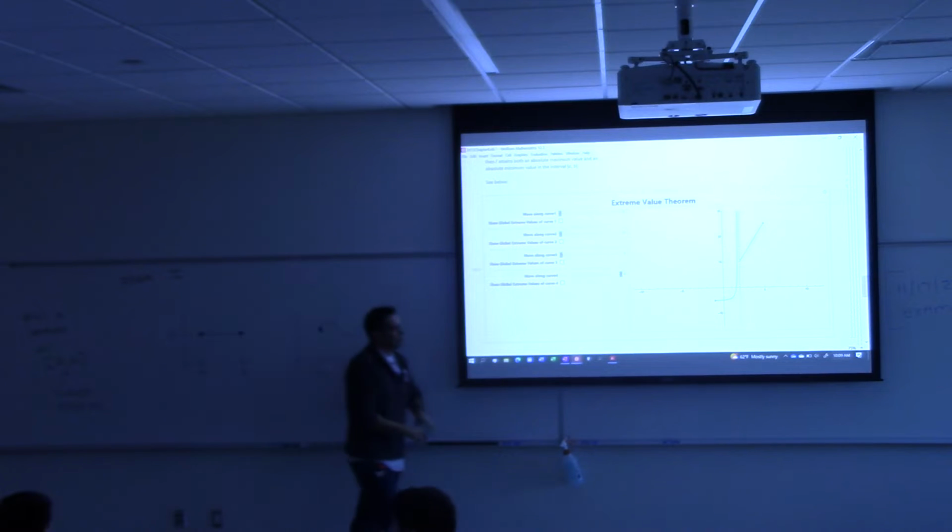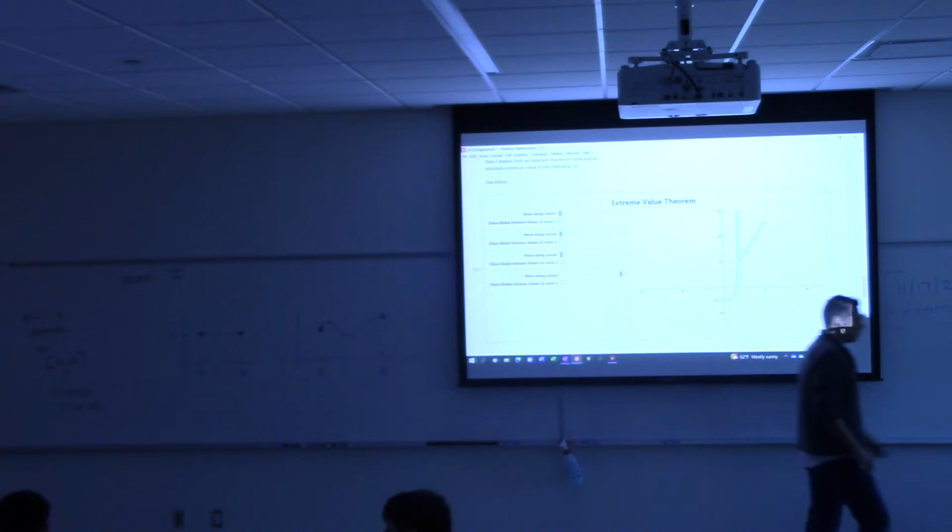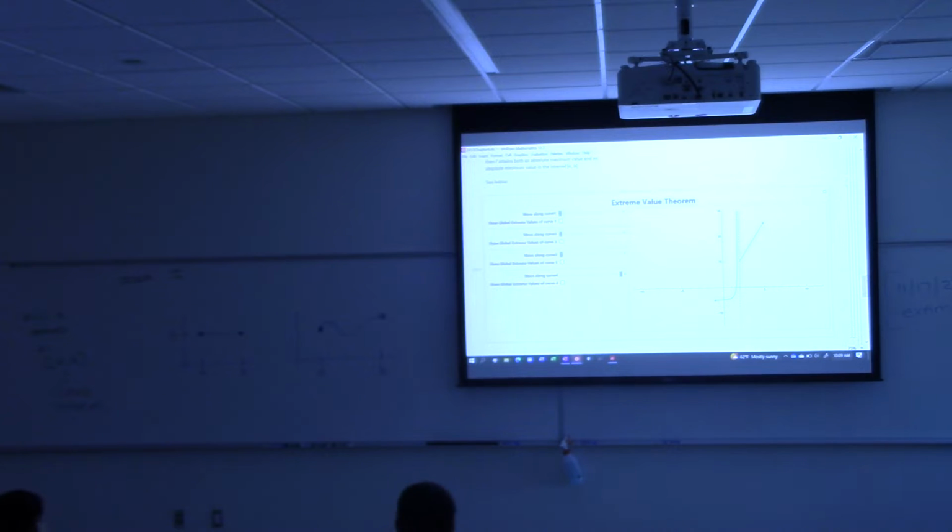Yes? Is there a theorem for open and closed? That's what I'm saying. On a closed interval, we're going to have a theorem and a method. On an open interval, we're going to have a method. It's going to be more involved, and like I said, it's not always going to give us the absolute max and absolute min. We're going to have to investigate a little bit more.